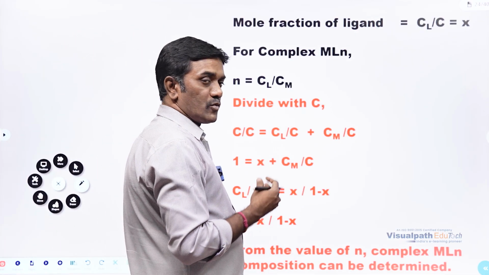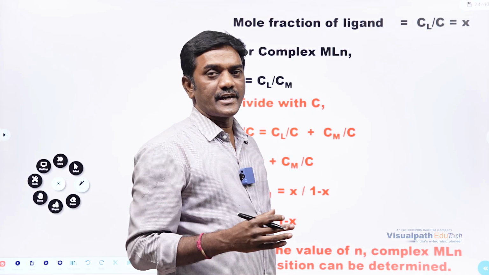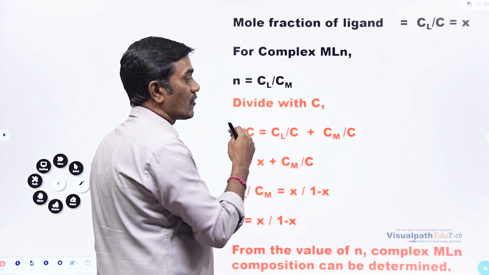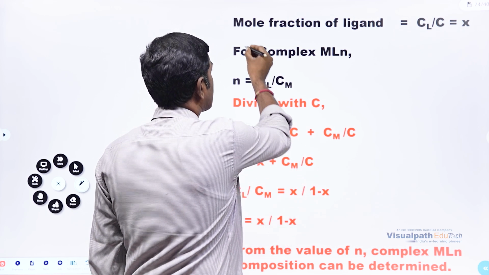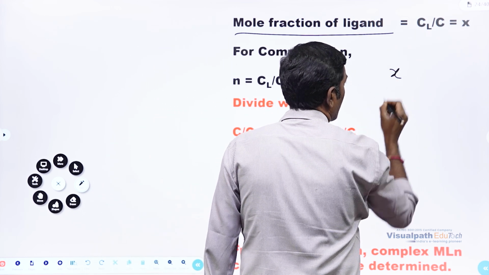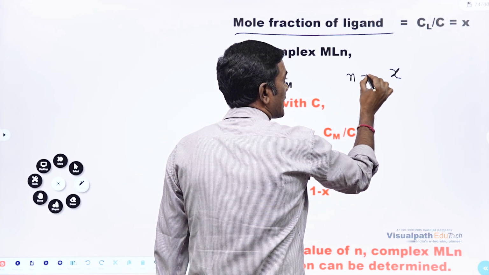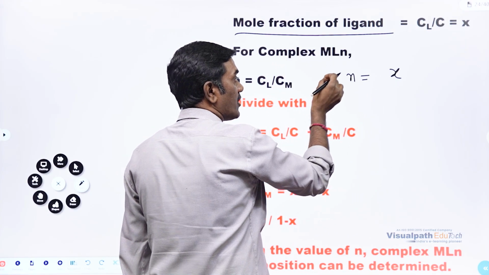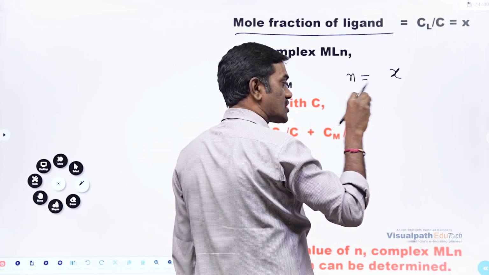Now a mathematical derivation should be there in the written part, because this goes along with the practical exam, and we can understand the theoretical part also here. So what is the meaning of mole fraction of ligand? Just now I told you already, mole fraction of ligand is x. The n we saw at the start, in the principle, means the number of ligands attached to the metal.